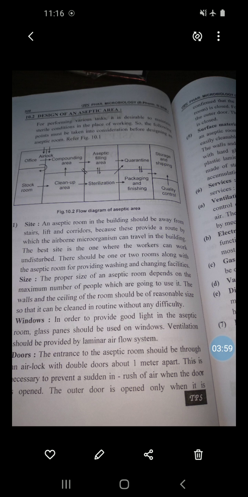The best site is the one where the workers can work undisturbed. There should be one or two rooms along with the aseptic room for providing washing and changing facilities.